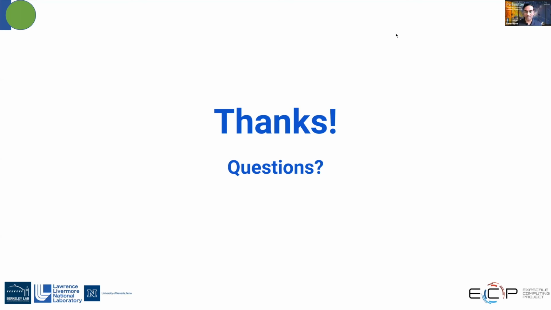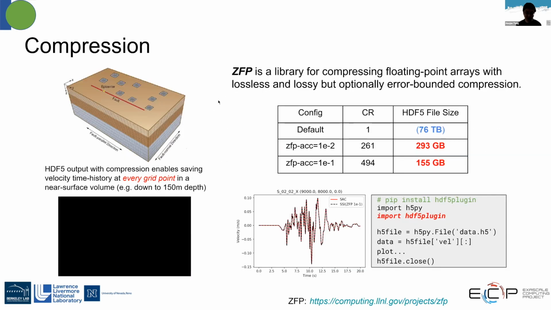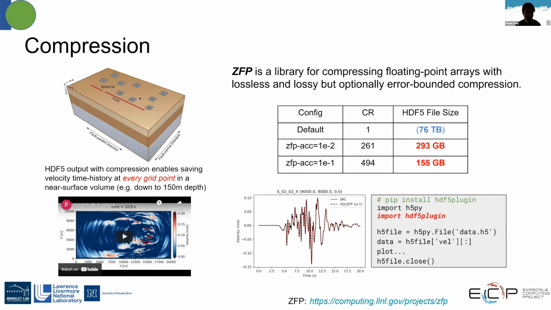Lee: For the Python visualization, how do you load the 260 gig file? Usually for the analysis, they do not load the entire data. As you see in the top left figure, we save the entire domain, but usually the analysis is on these gray boxes.